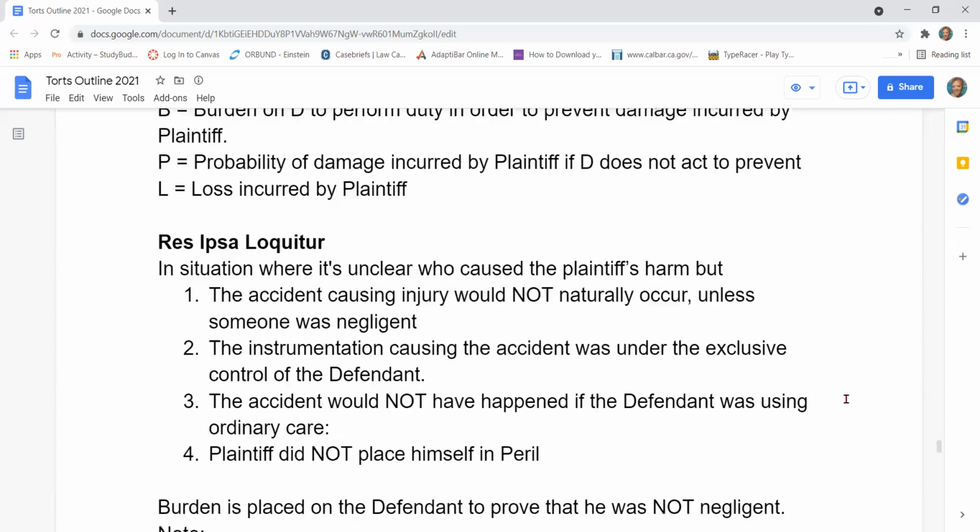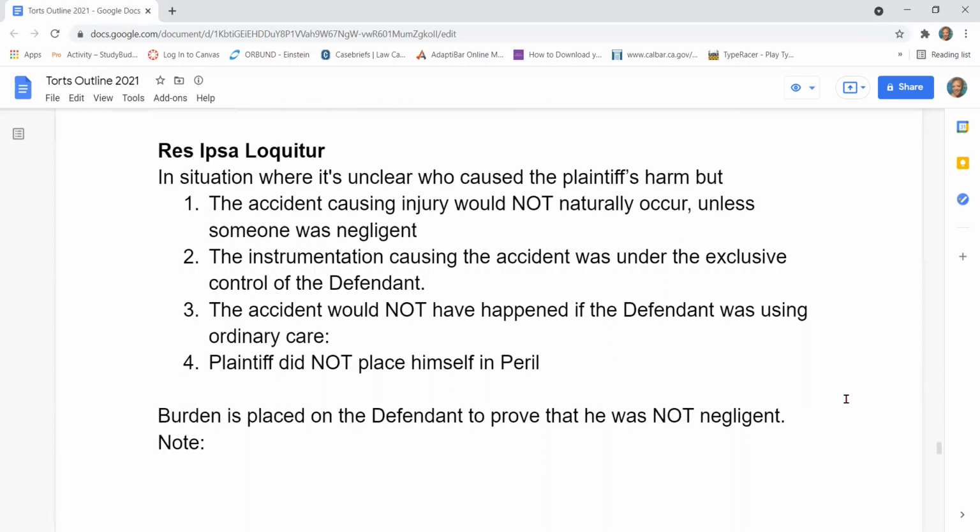Res ipsa loquitur. In a situation where it's unclear who caused the plaintiff's harm, please consider these 4 elements of res ipsa loquitur. Element 1, the accident causing injury would not naturally occur unless someone was negligent.